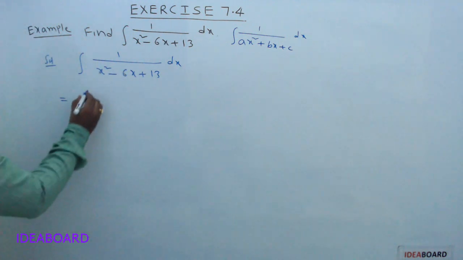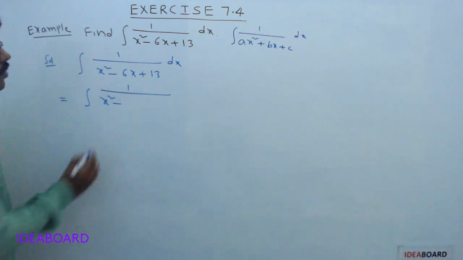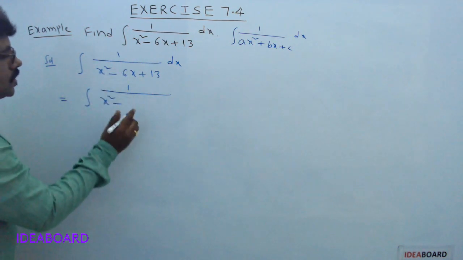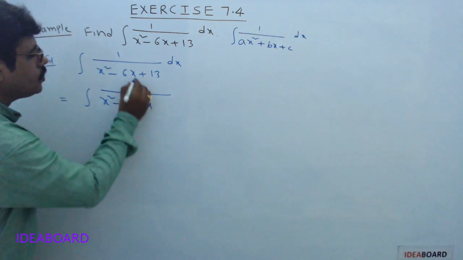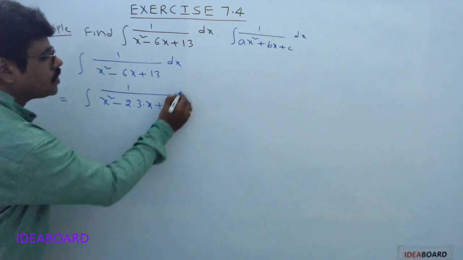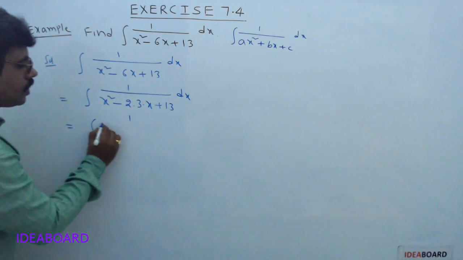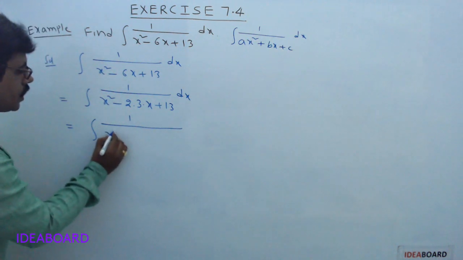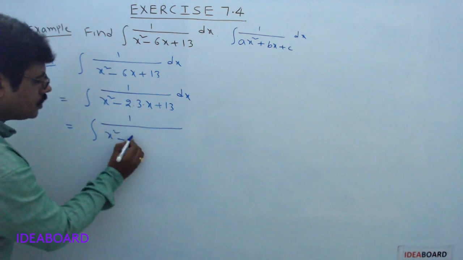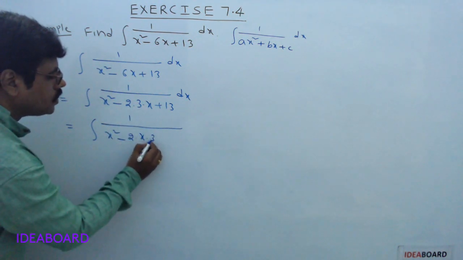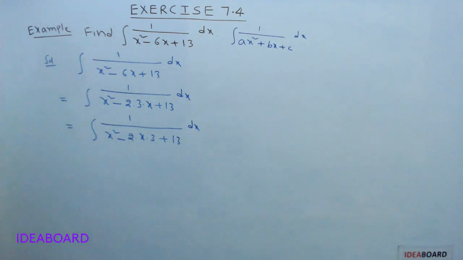Now come to that one. Integral 1 divided by x square minus, this term 6x can be taken as 2 into 3 into x, plus 13 dx. Now this is equal to integral 1 divided by x square minus, interchanging x and 3, 2 into x into 3 plus 13 dx.